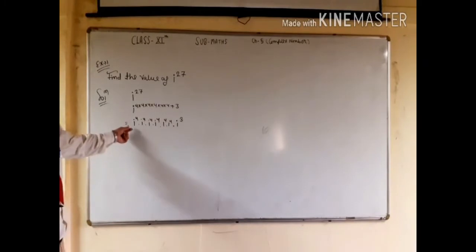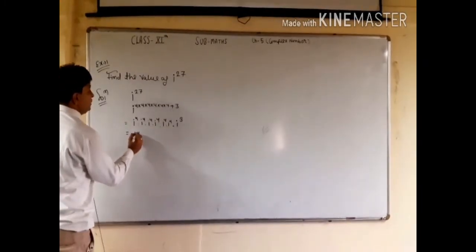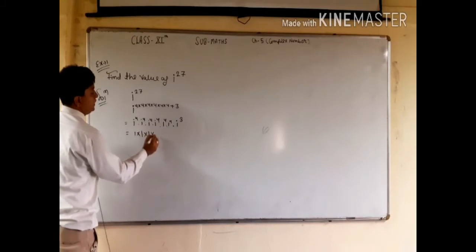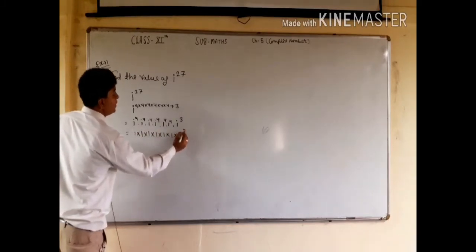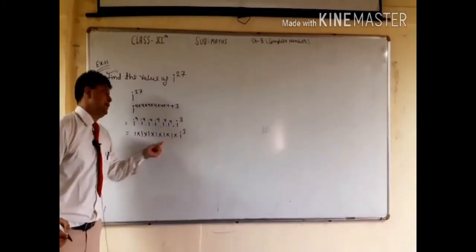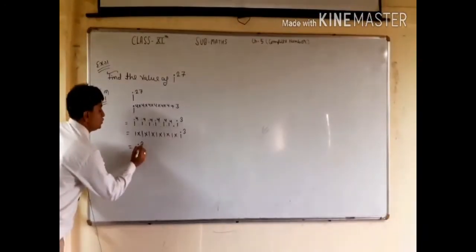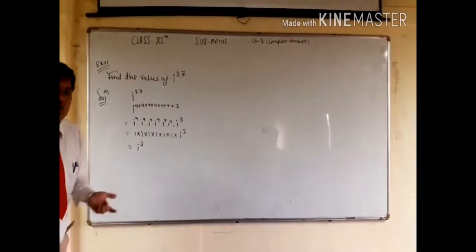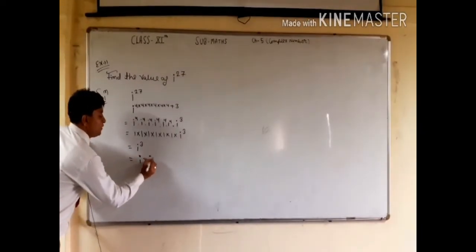And we know that iota power 4 is equal to 1. So this is 1 into 1 into 1 into 1 into 1 into 1 into iota power 3. When iota power 3 is multiplied by 1, then we find value iota cube. And iota cube is iota into iota square.